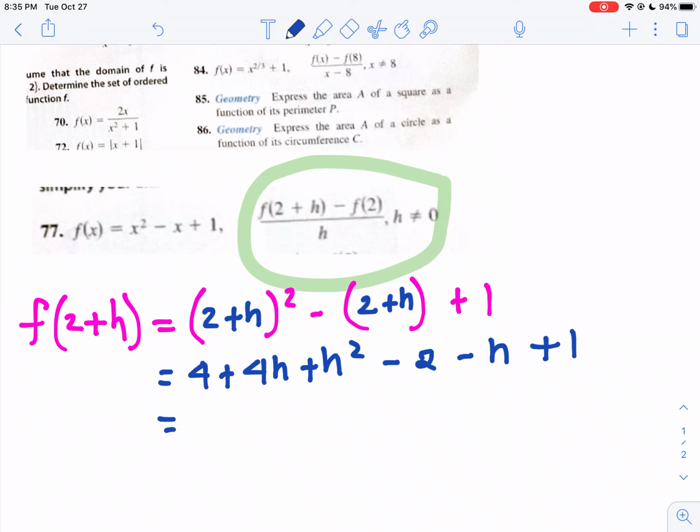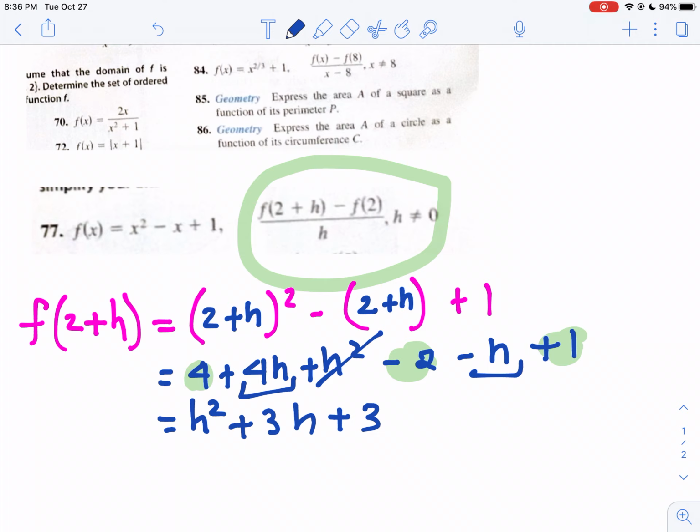So I have my h squared, and I have an h there, so plus 3h. Then I have numbers: a 4, a negative 2, that's going to give me a positive 2, plus 1, that's going to give me a 3. So that's my f of 2 plus h. And then my f of 2 is just that.